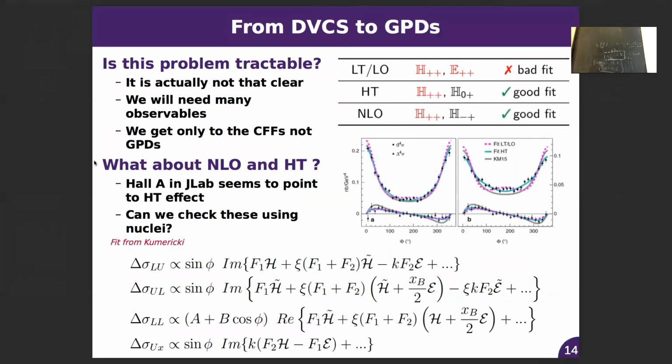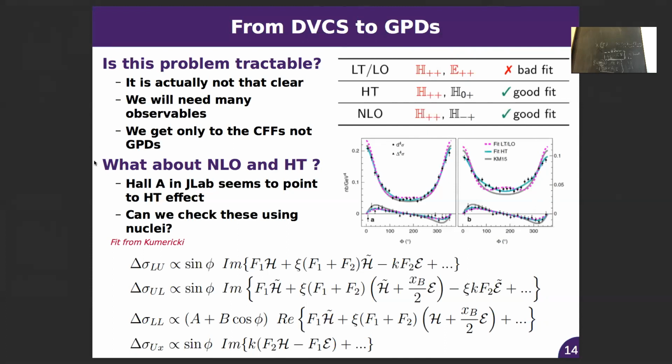You can see here the different observables and the dominant terms that you can extract. So you have the imaginary part of H, the imaginary part of H tilde. For example, the part with E is never leading. It's always a subleading contribution, so extracting the E contribution will be very, very difficult.